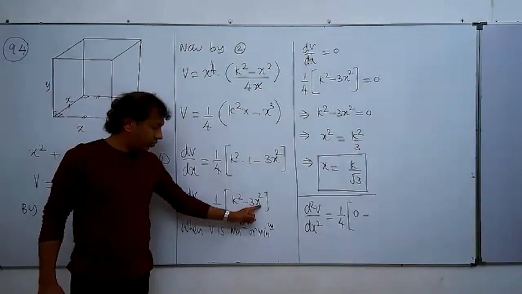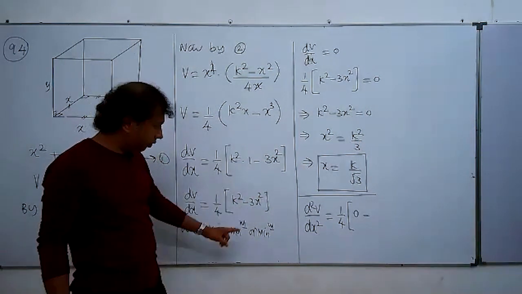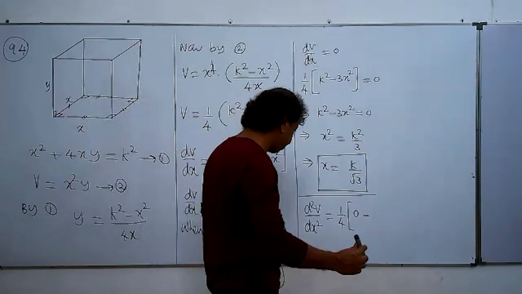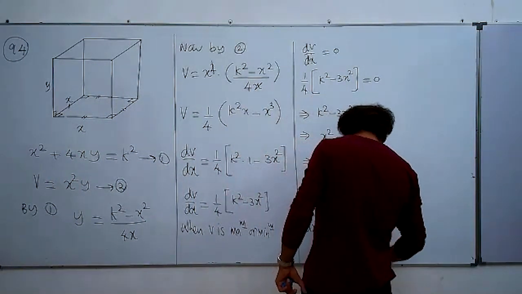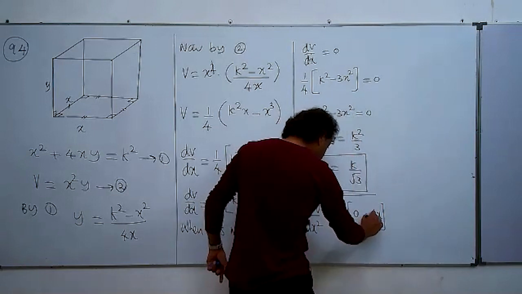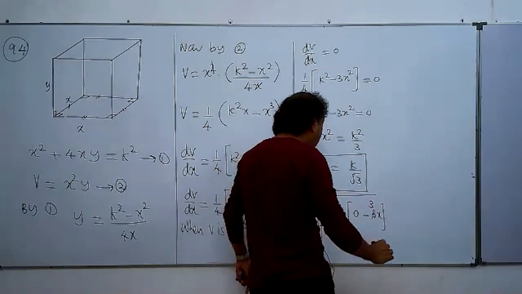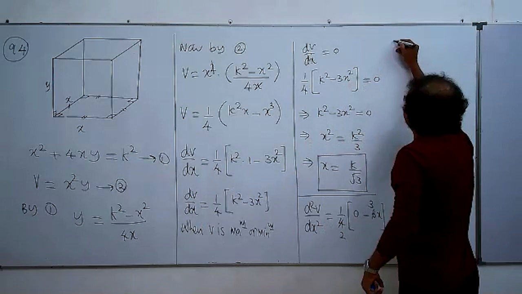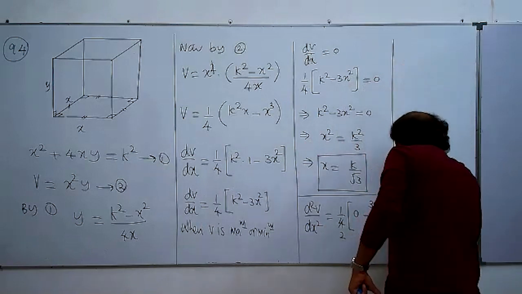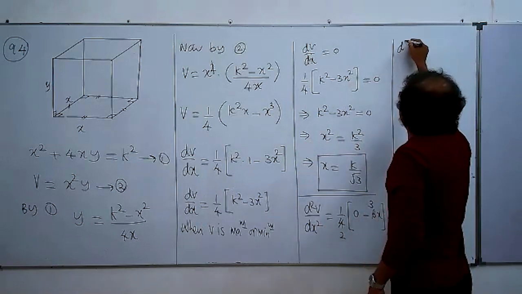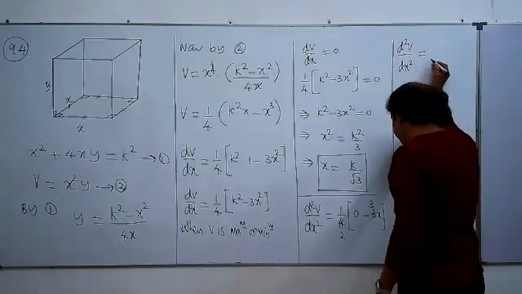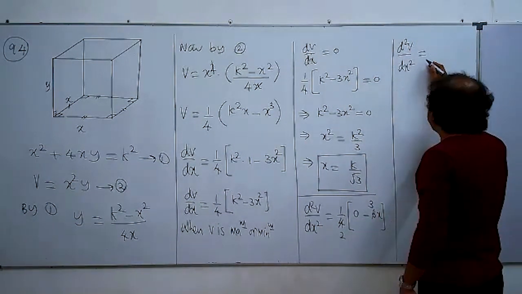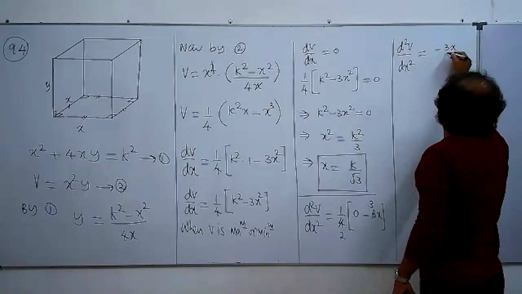Here 3 is a constant, and the derivative of x squared is 2x. Then this 2 comes here, minus 6x. Cancelling by 2, we get 3 here and 2 here. Then d2v upon dx2 is minus 3x by 2.